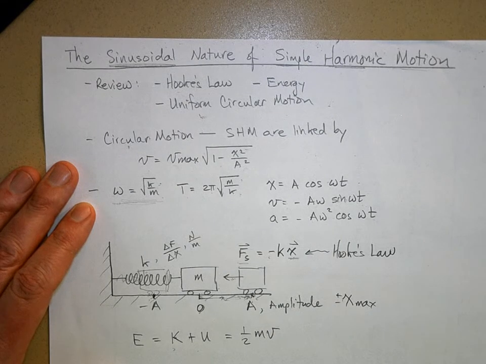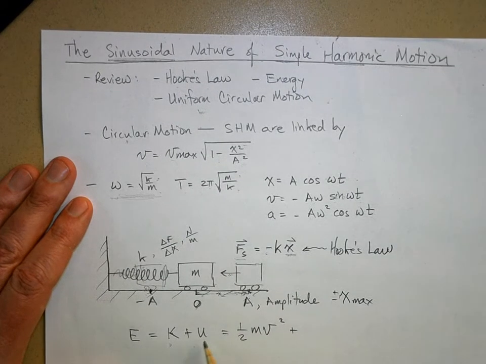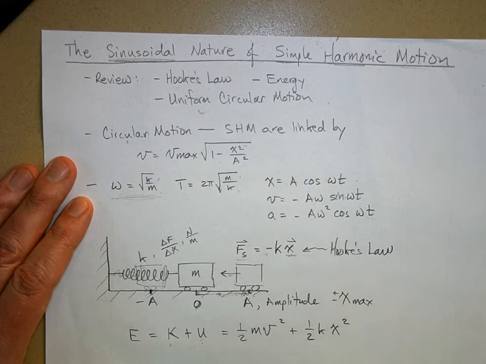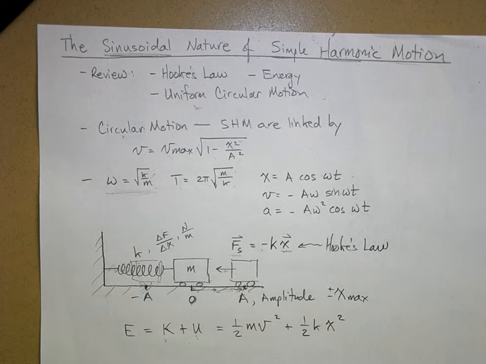Kinetic energy is 1/2 mv squared. The gravitational potential energy is not part of this problem. It's not gaining or losing height, so it doesn't matter. But this is elastic potential energy, and we have an equation for that, 1/2 k x squared. So go back and review energy if you don't remember this equation.